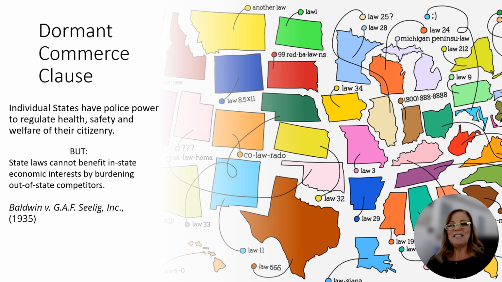So basically it's saying, state, we're not going to let you be your own place. We're not going to let you compete with the other states. You have to be part of a united nation.